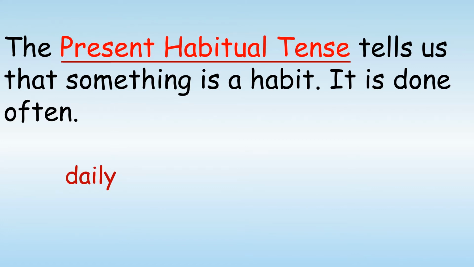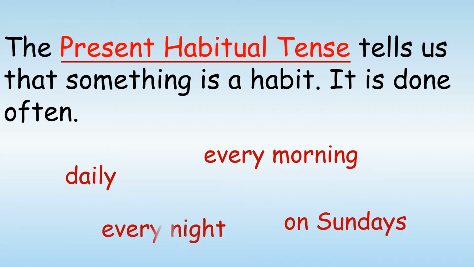So we have it is done daily, meaning every day, every morning, on Sundays, every night, you could say every evening, every Saturday, on weekends, okay? Once it is done on a regular basis, it is a habit, and therefore it is called the present habitual tense.